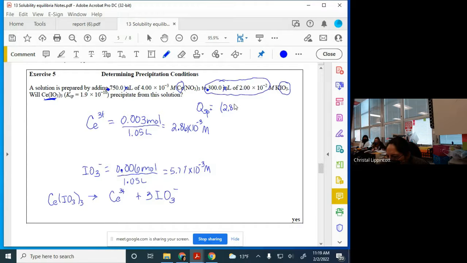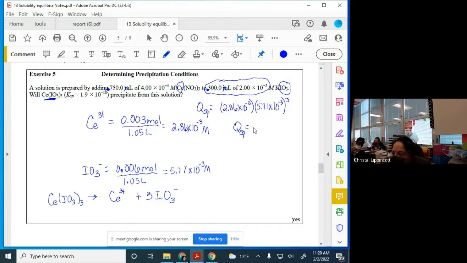I don't need to alter him at all. I'm going to write this one down, but what do I need to do to him once I get him written down? Right, take it to the third power. Good. And that's going to calculate out to be our QSP.